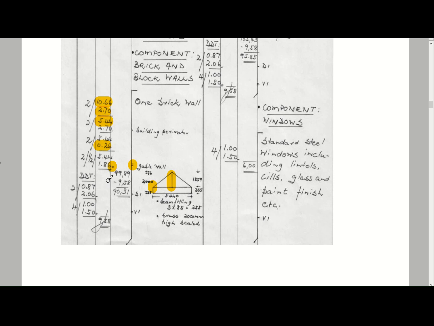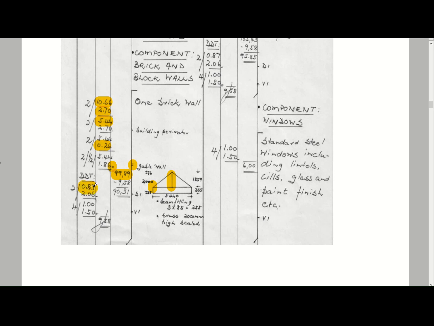Then they've calculated all of these items. All of these square meter areas are added up to get to 99, and then you will see they've done a deduction for your doors.